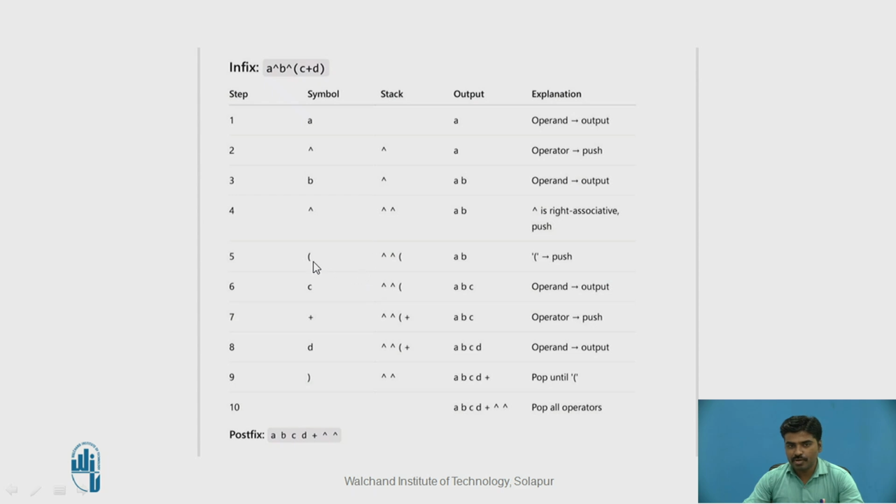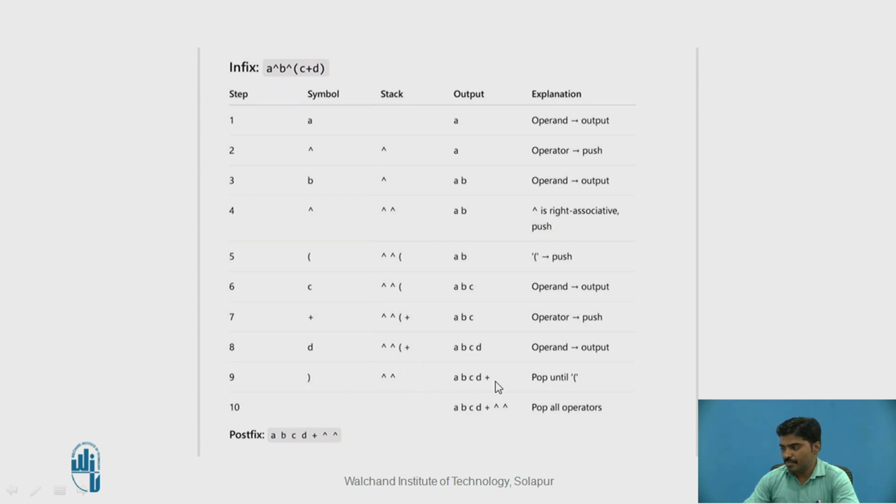You have to check the bracket, push it into the stack, again the C symbol is directly added to the output, the plus symbol is added to the stack, the D character is added to the postfix output directly, and if the round bracket close is there, you have to pop all the elements till the bracket open.